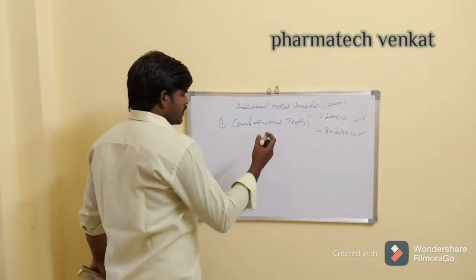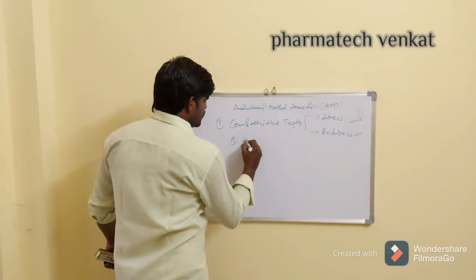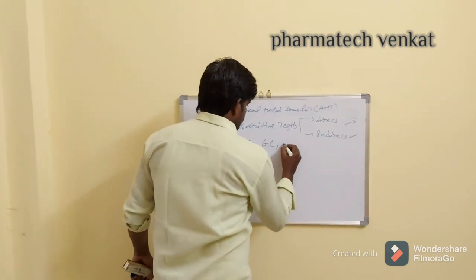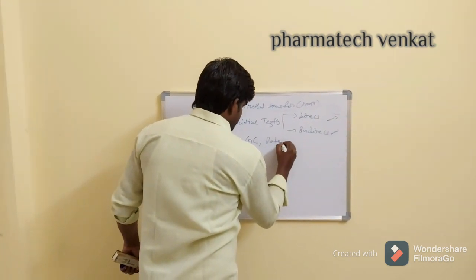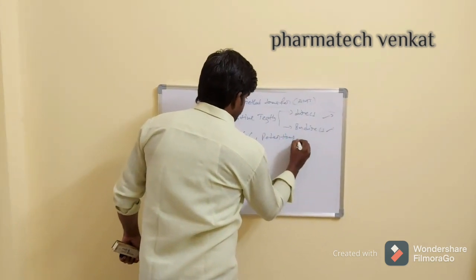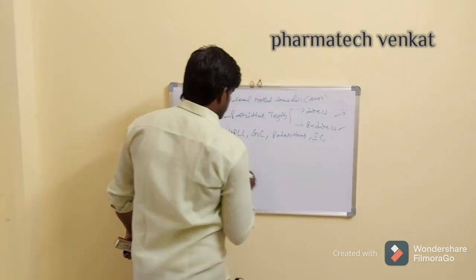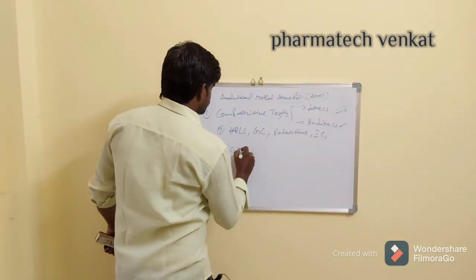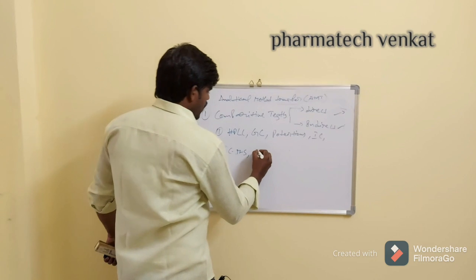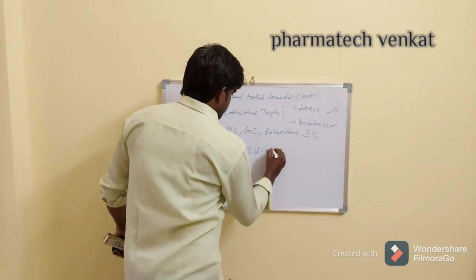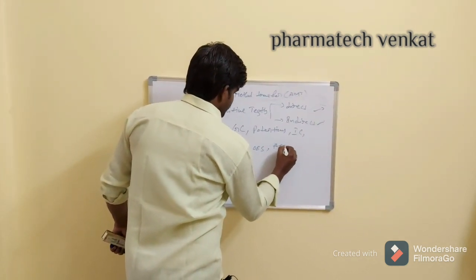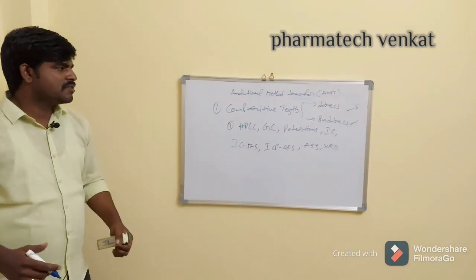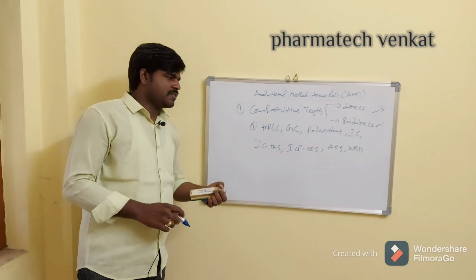For example, sophisticated tests like HPLC instrument, GC, and then potentiometry, and then ICP-MS, and then ICP-OES, AAS, XRD. So for these types of methods we need to perform the analytical method transfer activities.